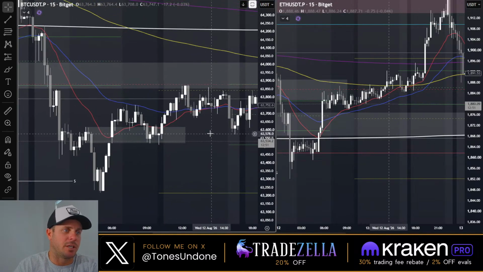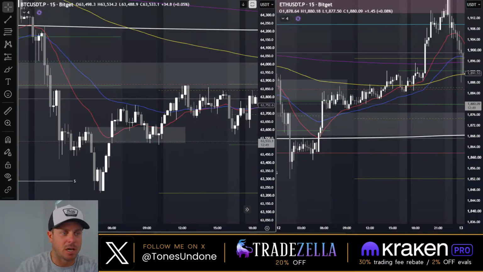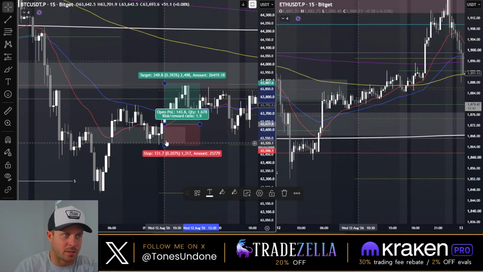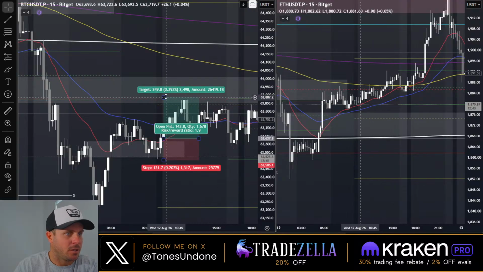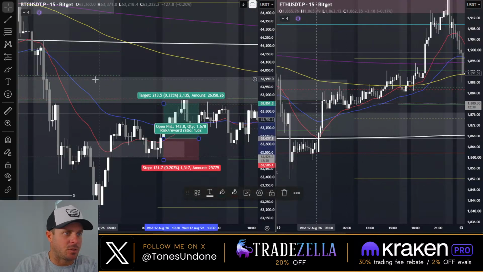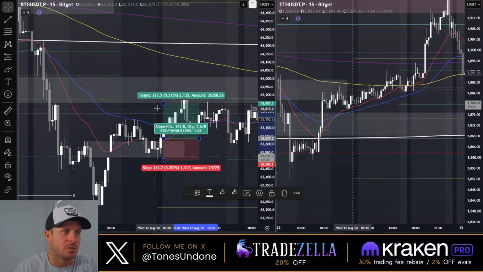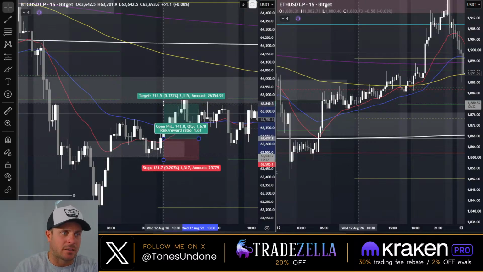Yeah, and then still be realistic with your targets. Because for me here, the entry was at the Asia Open. I was at work, so I did not trade this. This is hindsight. And then here was this gray area, a 1 hour fair value gap, displacement, imbalance. You don't really want to target higher than that.